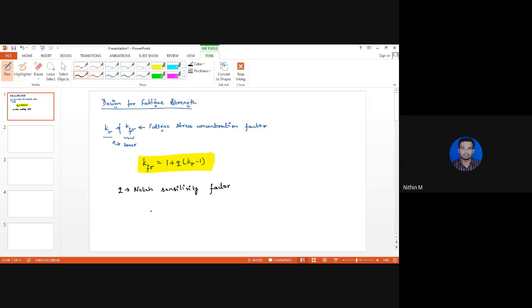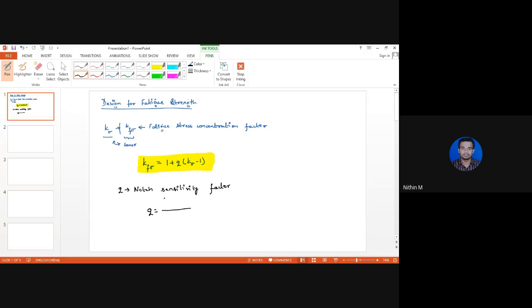Now, the notch sensitivity factor can be calculated using the formula Q equals Kf sigma minus 1 divided by K sigma minus 1. That is, you shift this to the left hand side of the equation, so it becomes Kf sigma minus 1 is equal to Q times K sigma minus 1.